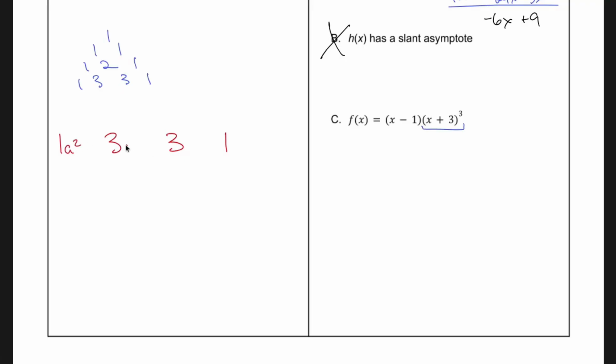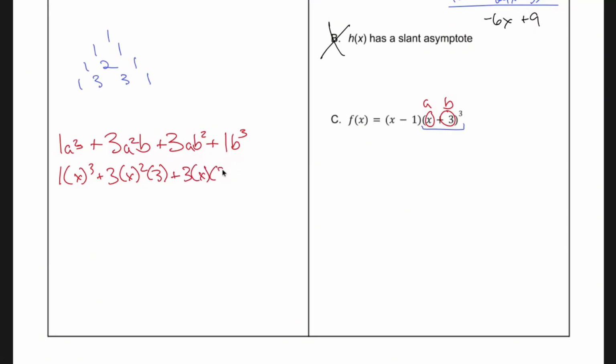A cubed, A squared, A, B cubed, B squared, B, plus signs in between. You're an A, you're a B, so this becomes 1 times x cubed plus 3 times x squared times 3 plus 3 times x times 3 squared plus 1 times 3 to the third.